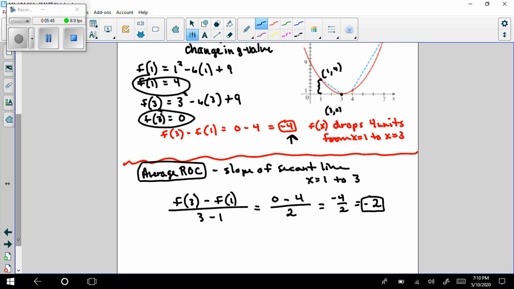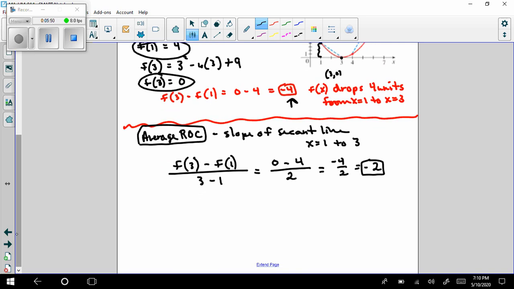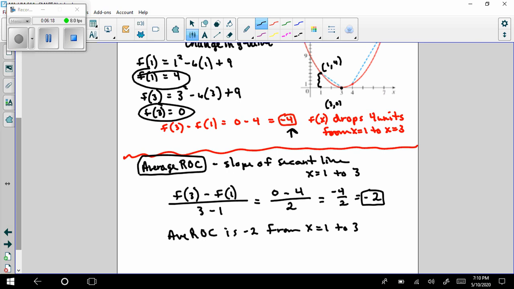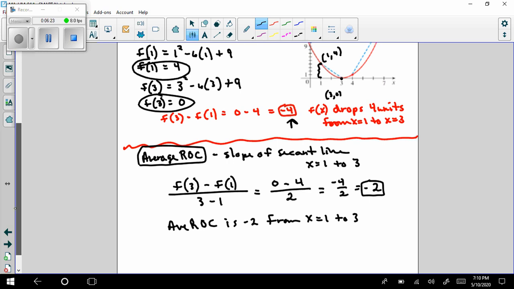So from the values x equals 1 to x equals 3, the average rate of change, or the slope of the secant line, is negative 2. So average rate of change is negative 2 from x equals 1 to 3. Okay, so that is the line that has the negative slope that you can see on there, that secant line.